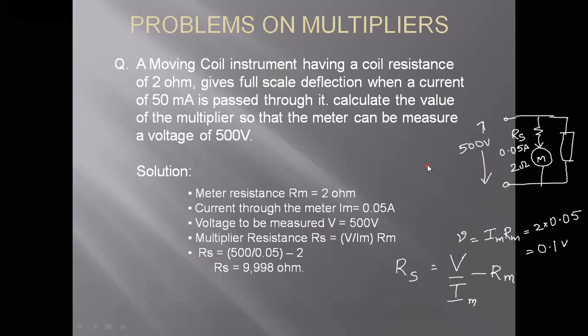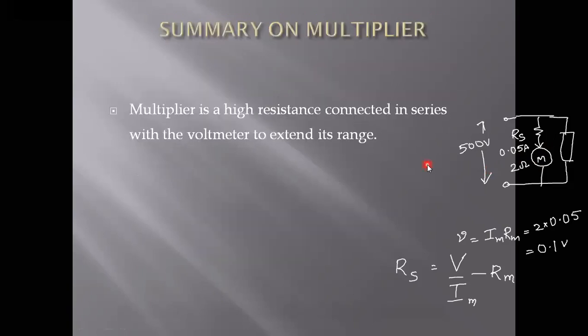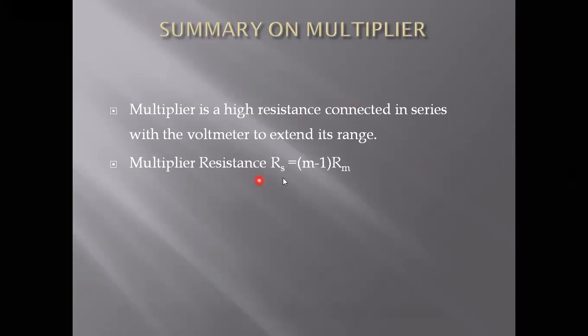Let us summarize. A multiplier is a high resistance connected in series with the voltmeter to extend its range. And the multiplier resistance Rs is equal to (m minus 1) times Rm.